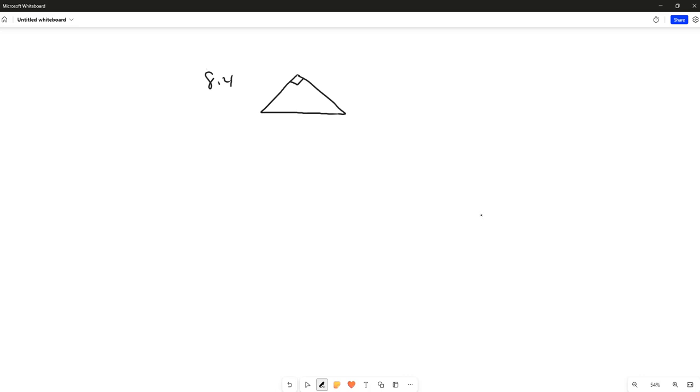So that means that this is the height of this triangle, and this is the base. So that means that we can do base times height divided by 2.